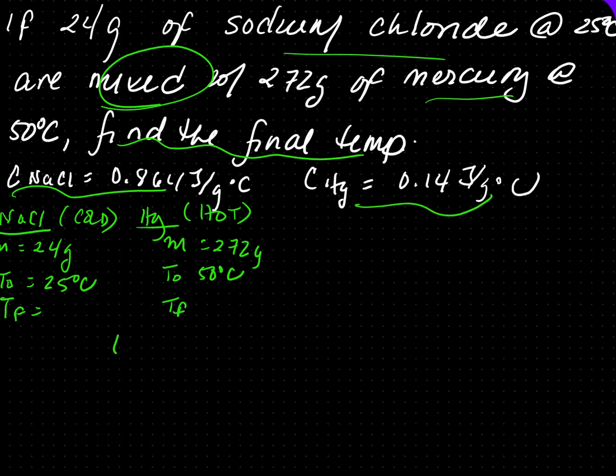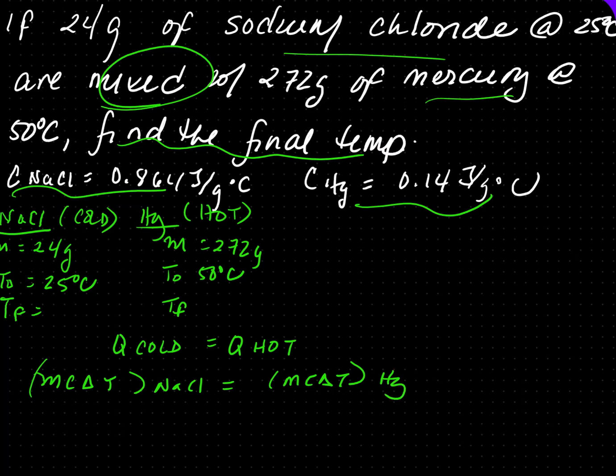So this is going to be, again, Q hot equals Q cold. I'm just going to write Q cold equals Q hot because I identified the cold first. Equation is still MC delta T, and this is for the NaCl. This is going to be MC delta T of mercury. The mass of sodium chloride is 24 grams.